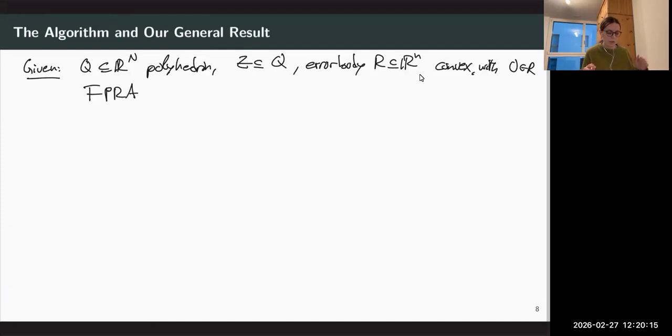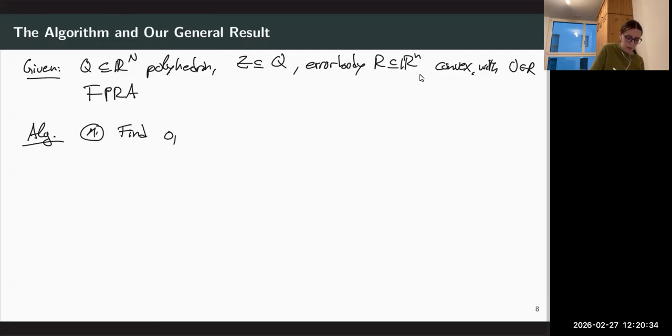So really, we don't need any explicit representation of Q or Z or R or anything. We really just need this face-preserving rounding algorithm. So here's the algorithm that we will now apply. The algorithm is very simple. Step 1 is the following.